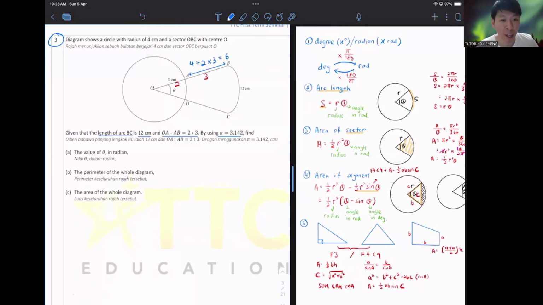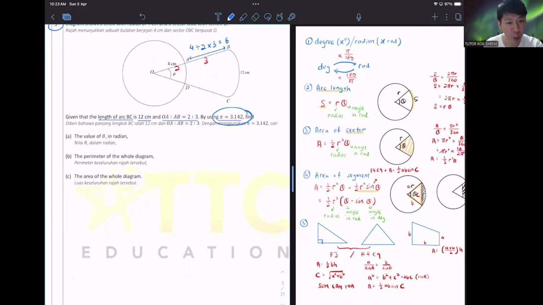The length of AB is 6. BC is 12, AB is 6. And for pi later, you have to sub in 3.142. This is all the info. Start with part A, 2 marks for this.